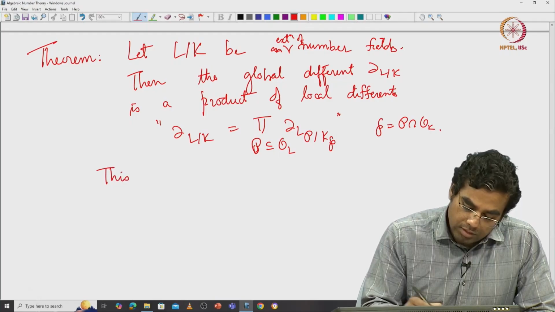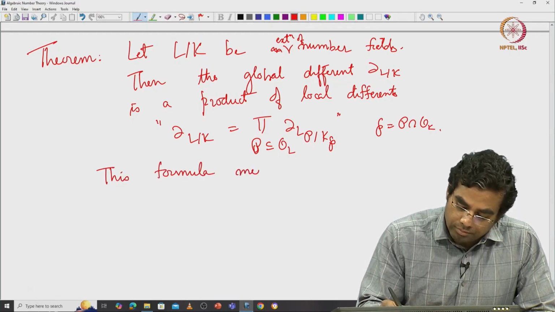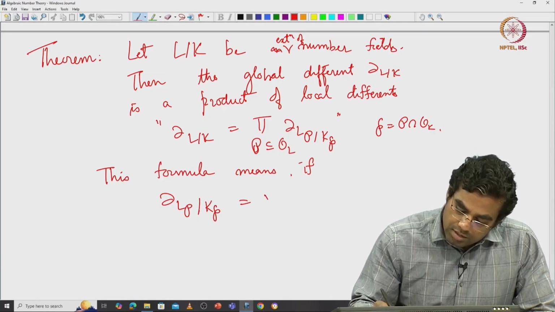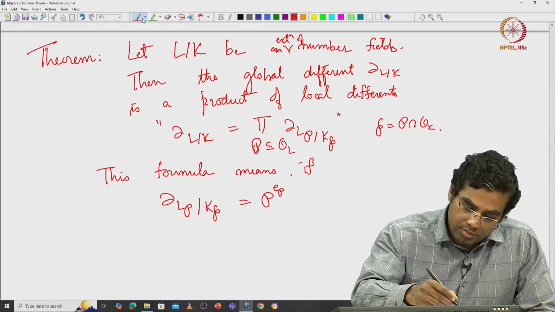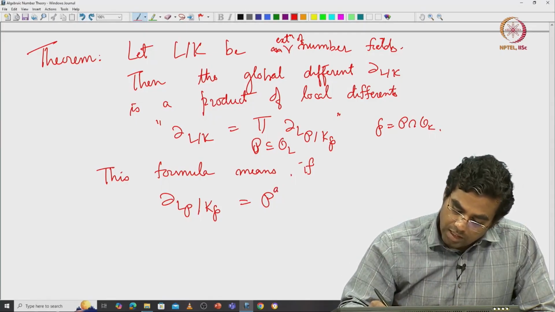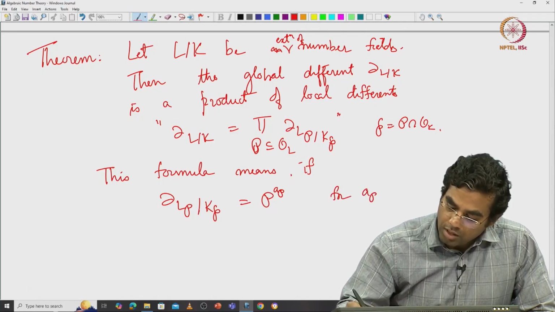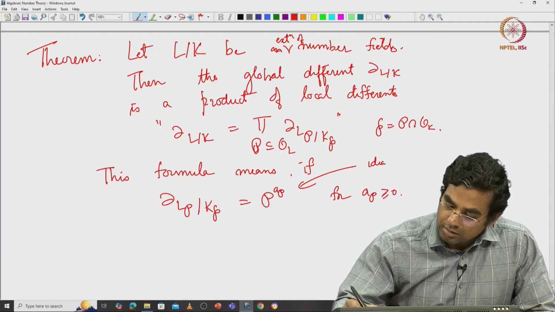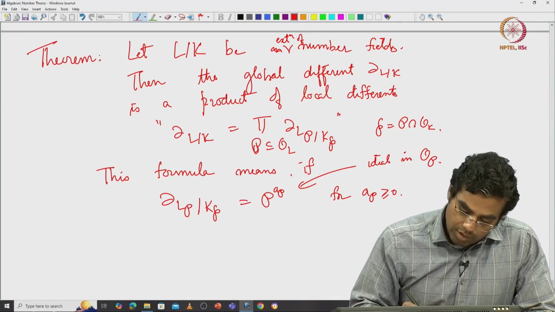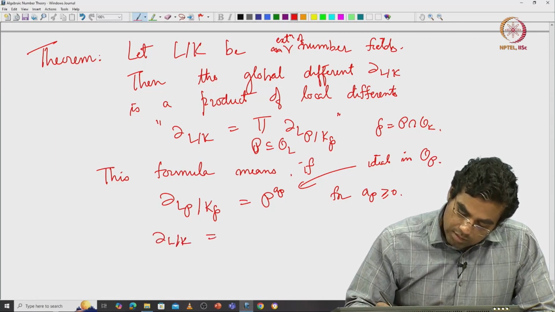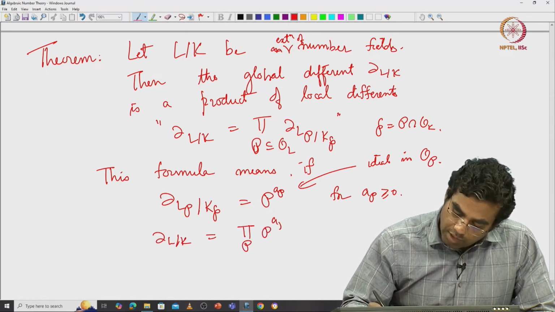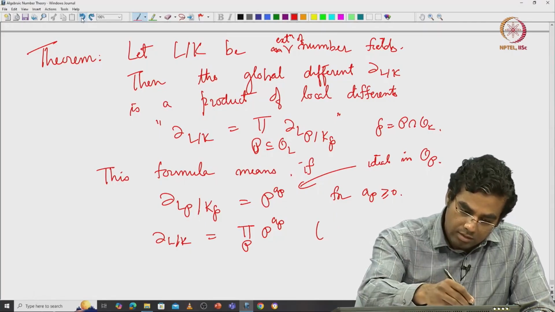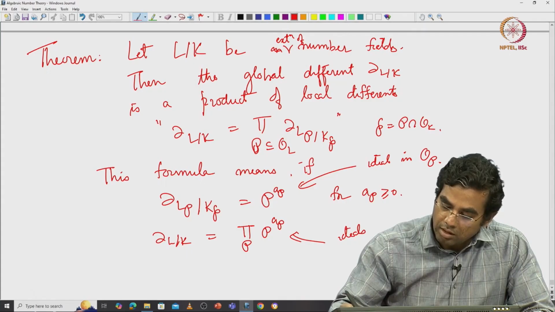This formula means: if d_{L_P over K_p} is p to the power A_P, for A_P greater than or equal to 0, so this is an ideal in O_p, but what we mean is that d_{L over K}, this is the product over all P to the power A_P, and these are ideals in O_L.